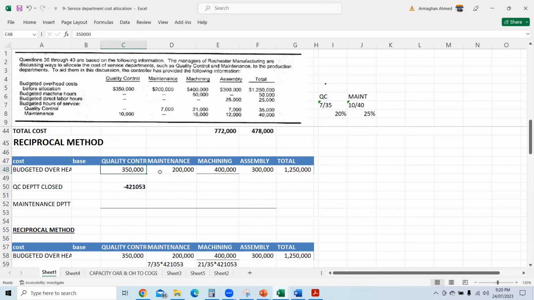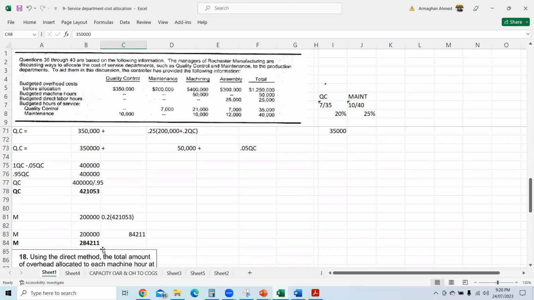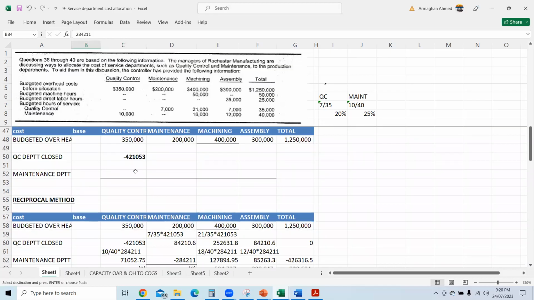Mekha, are you getting it? Yeah. Right. So 421,000 this cost, and how much is the total maintenance cost? 284. All right. Let's bring here how much maintenance cost we will be allocating. We'll be allocating 284, right? Because I will put minus here. This is okay. Fine.